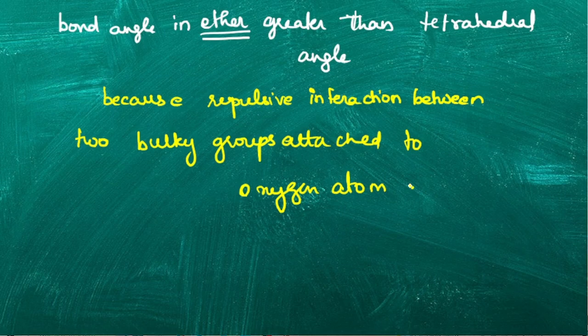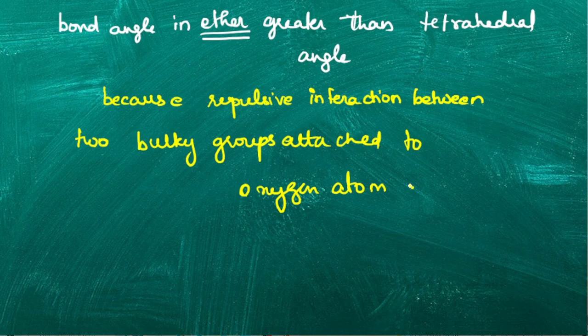You have the oxygen atom in the center, and on either side two groups have been attached. You know how we name ether, the nomenclature of ether, the general form of ether, all these things, right? Because bulky groups are attached on both sides, the bond angle in ether is higher than the tetrahedral angle.